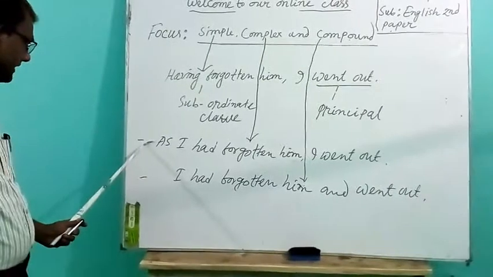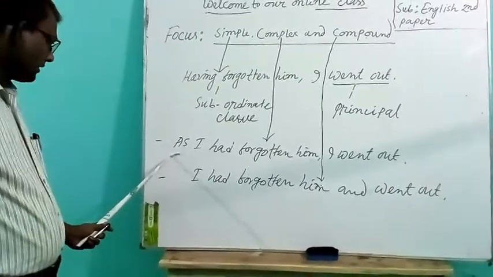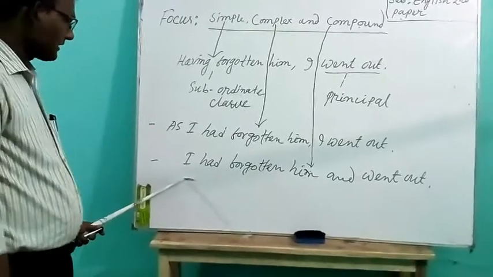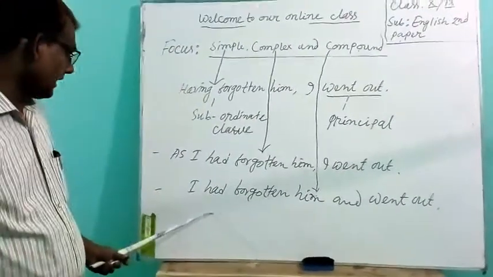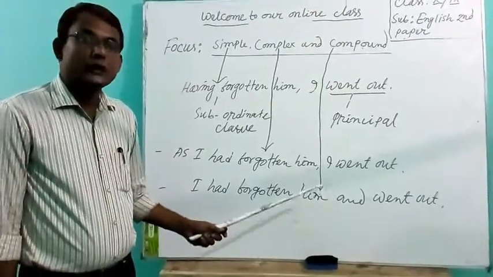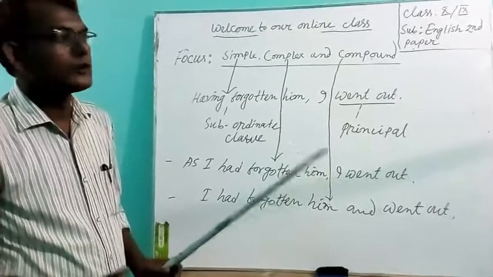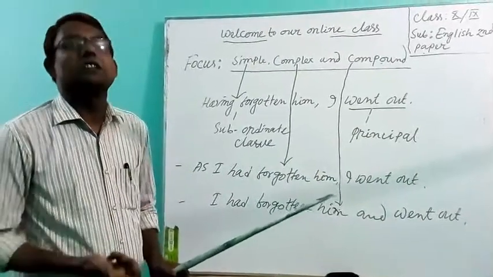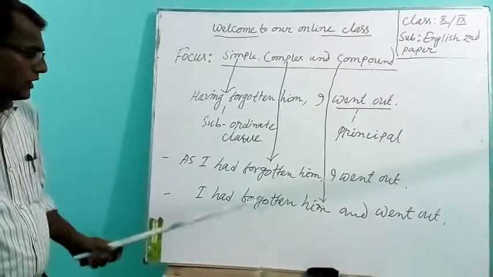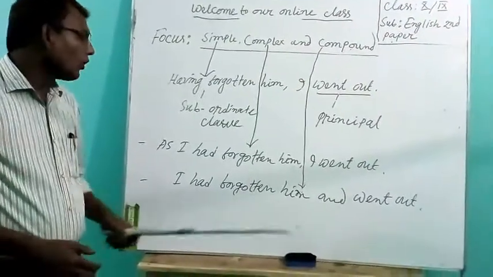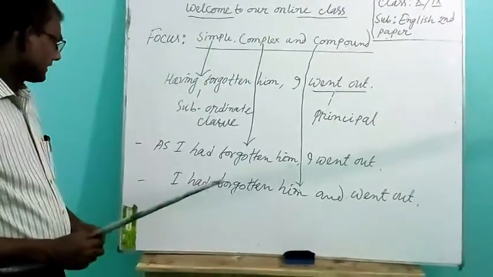Complex sentences use a subordinating conjunction, and in a compound sentence, in the middle of the two clauses, we use different types of conjunction, which means coordinating conjunction. So that is called a compound sentence.